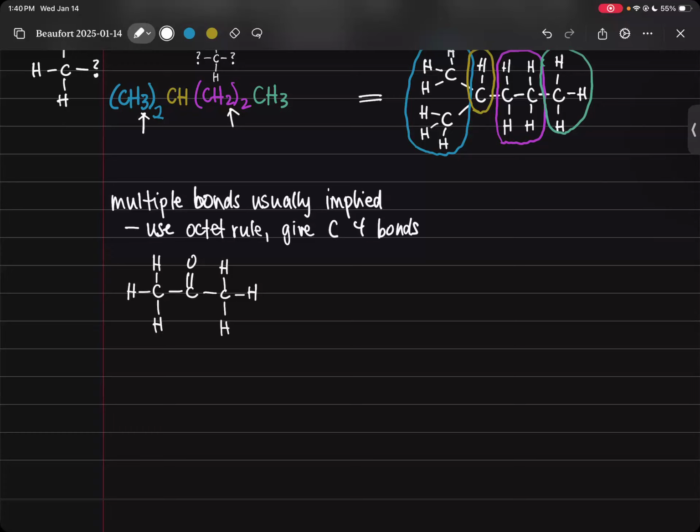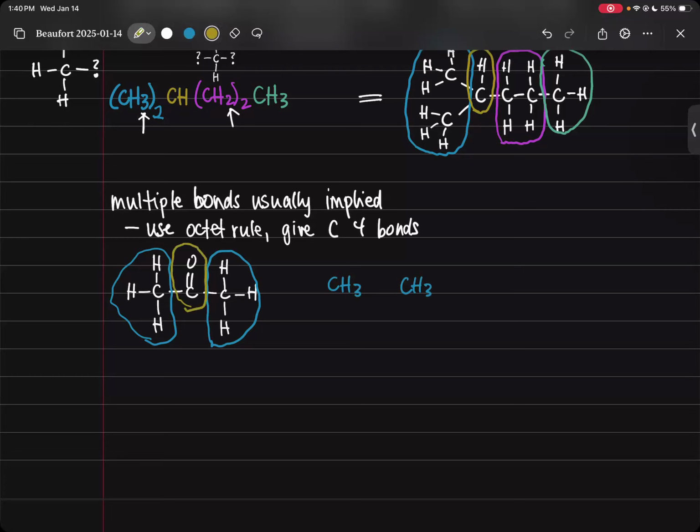So this is acetone, a very common solvent. Nail polish remover, we'll be using it in lab all the time. We've got a C double bond O there, and it's not in the middle of the chain, it's kind of hanging off. So just like so far, our CH3 groups are going to remain the same, and they're going to go on the ends, and I'm going to put something in the middle.